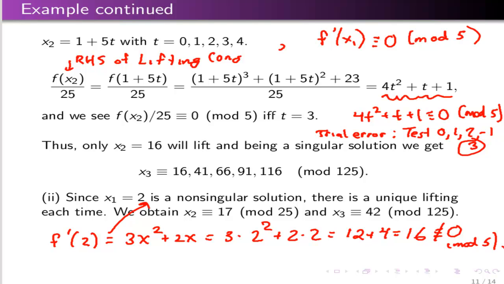So you get a non-singular solution, so there's a unique lifting, and after solving the lifting congruence, and I'll let you carry out this calculation, you derive that x2 is congruent to 17 mod 25, and that x3 is congruent to 42 mod 125. So there's two separate liftings I have to do to solve the lifting congruence at each stage there.